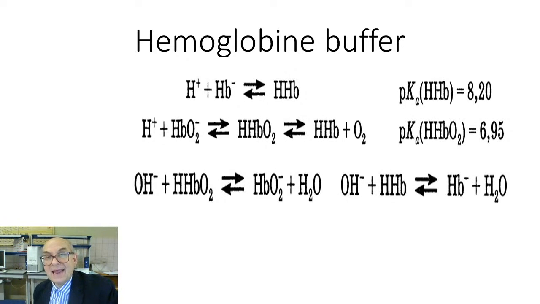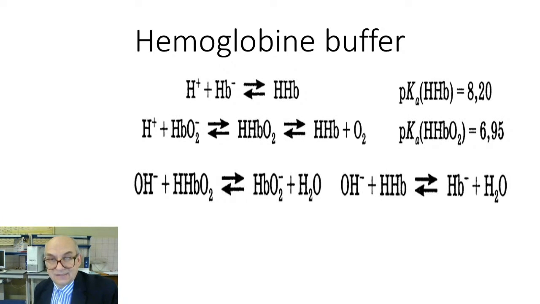Look, pKa of hemoglobin itself is 8 and something. pKa of the oxyhemoglobin is less than 7. This difference is larger than 1 unit between hemoglobin and oxyhemoglobin. What does it mean?